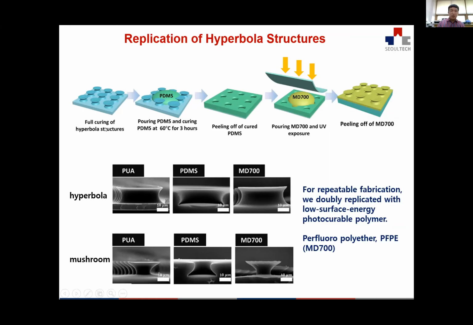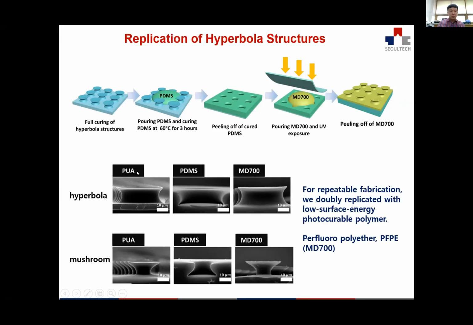After the preparation of hyperbola structures by contacting a micropillar array on a liquid, we pour the PDMS polymer, then cure it and detach it from the hyperbola structures. We call it the replica mold. From the replica mold we can get the shape of hyperbola structures with different materials like the MD700. This one is the example.